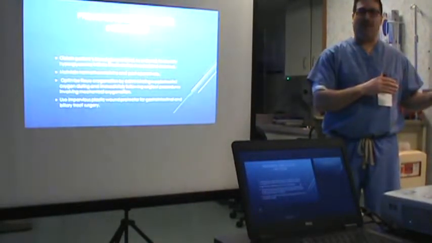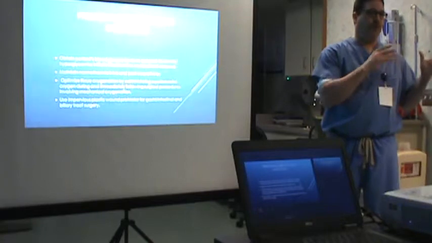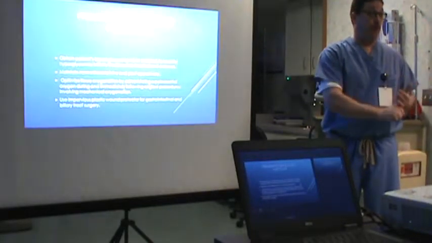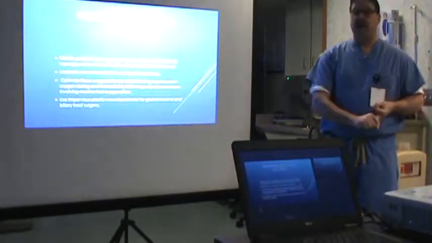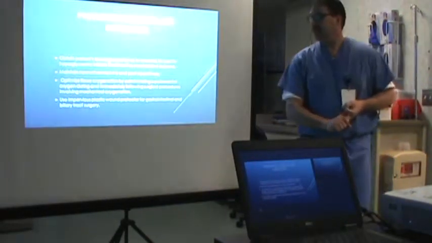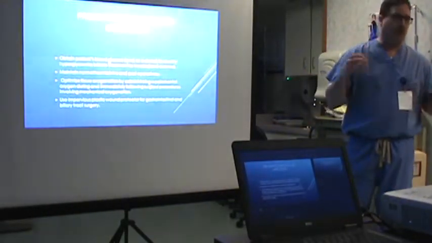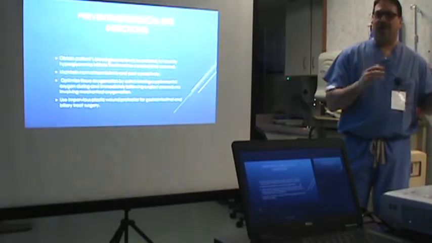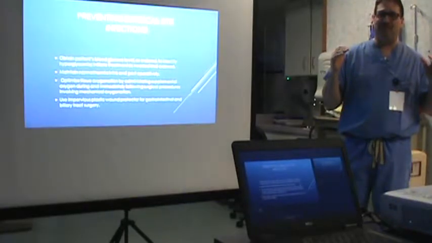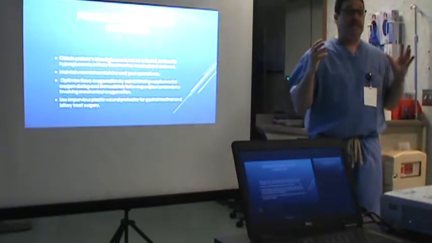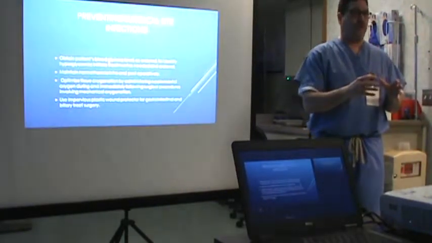Some of the other parts that are a little bit less in our control are operative blood glucose control. So ensuring that we know our patients' glucose levels preoperatively, intraoperatively for long cases, as well as postoperatively. Same thing with normothermia, so keeping our patients warm before, during, and after surgery. These are very, very important parts that are linked directly to surgical site infections.